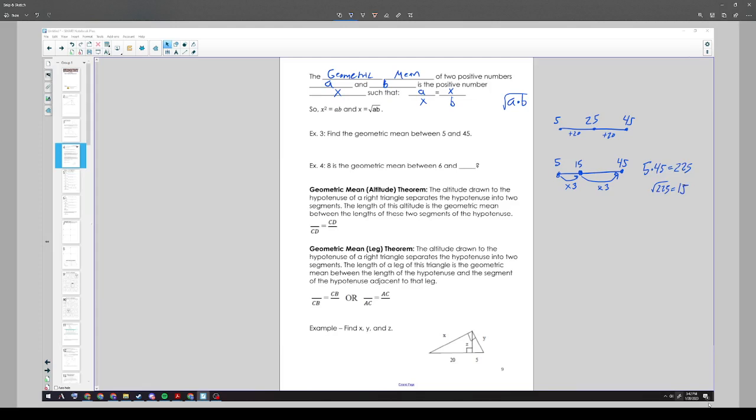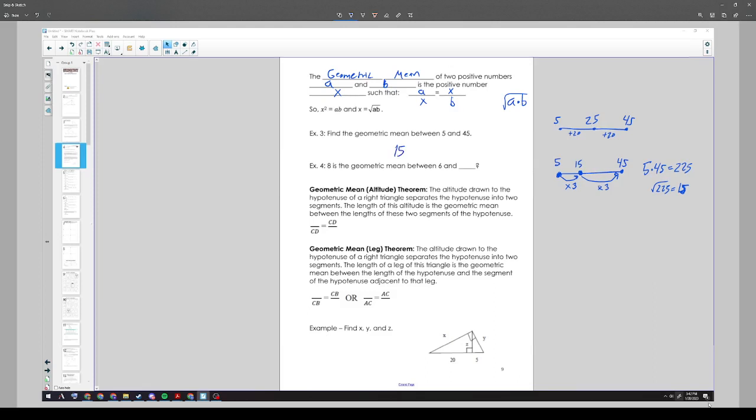So we find that point, whether we think of it as multiplying by the same thing twice, which is kind of like making an exponential sequence, or by multiplying the two endpoints and square rooting them to find the thing in the middle. So a couple of different ways of visualizing, but we get the same results. So our geometric mean here was 15.